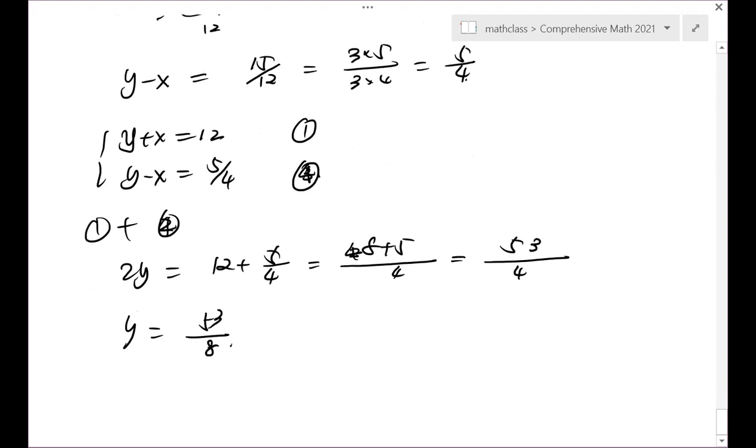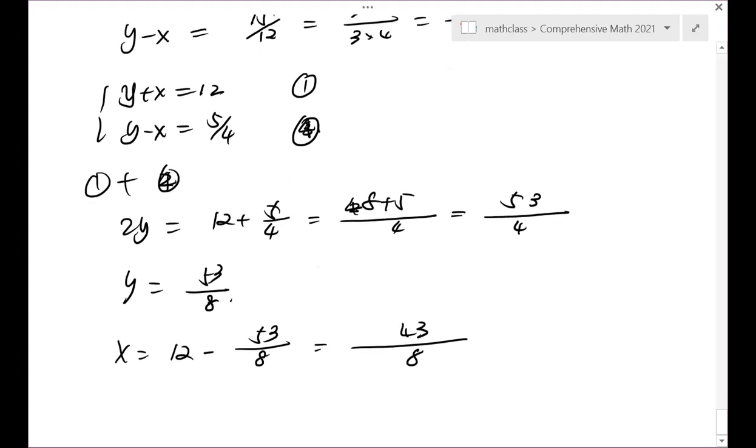Then you can get x. x is going to be 12 minus y. So I'm going to get 12 times 8 minus 53, so it's 43 over 8.